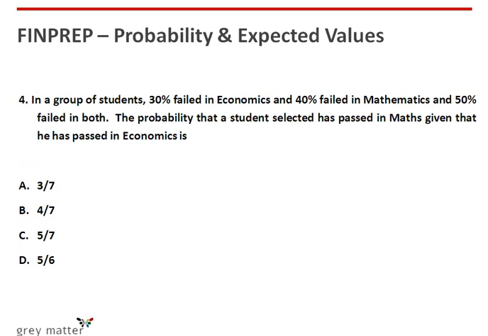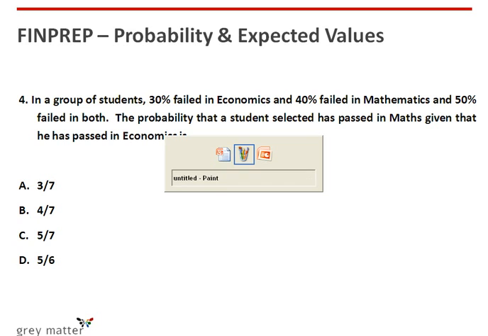Fourth problem: in a group of students, 30% failed in economics, 40% failed in mathematics, and 50% failed in both. Find the probability that a student selected has passed in mathematics, given that he has passed in economics.